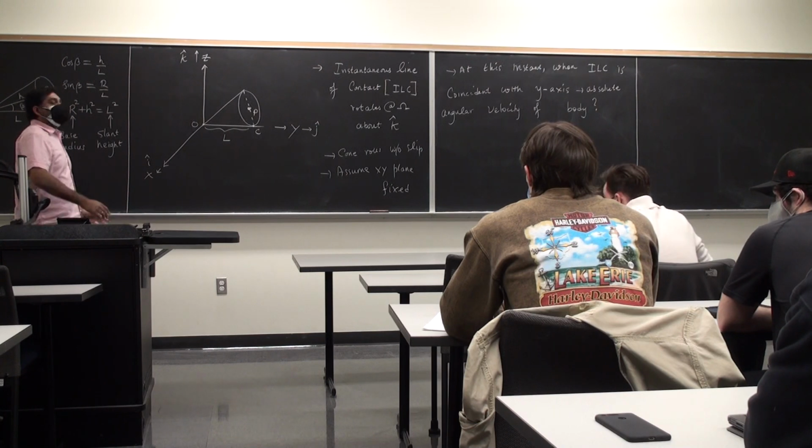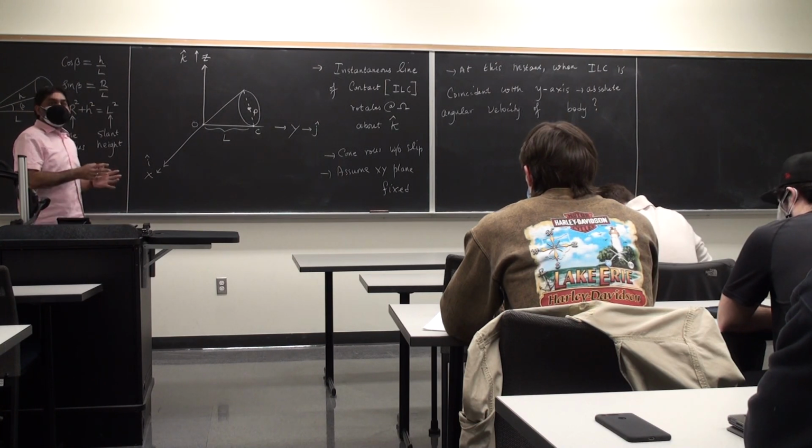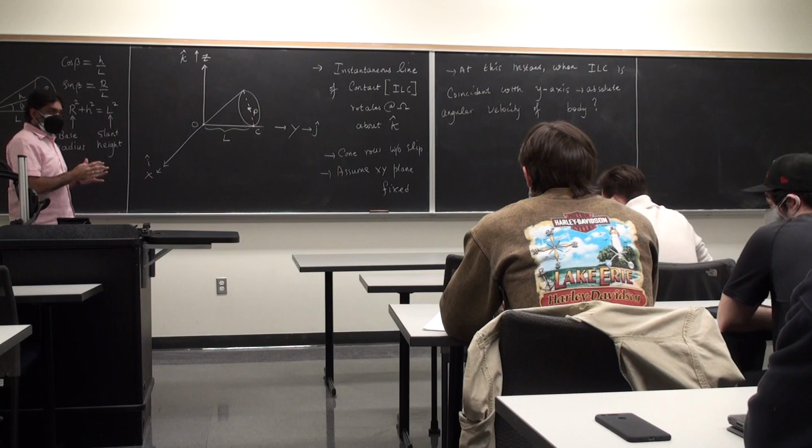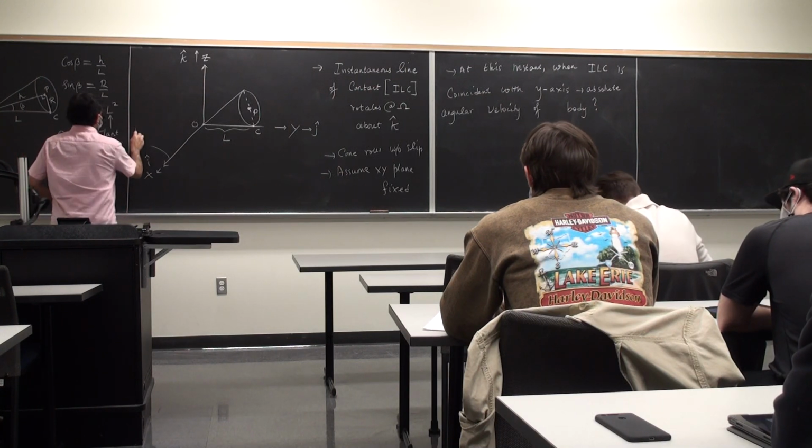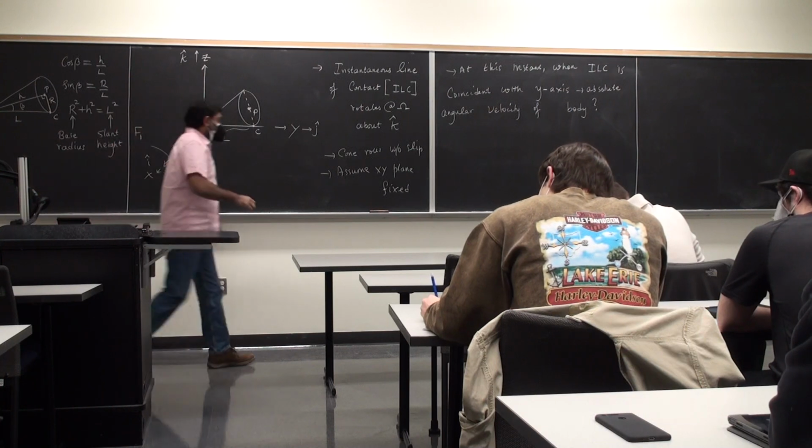As I mentioned the last time we met, we select 3 frames. The first frame is the fixed inertial frame, which I call capital F1. So F1 is an inertial frame.